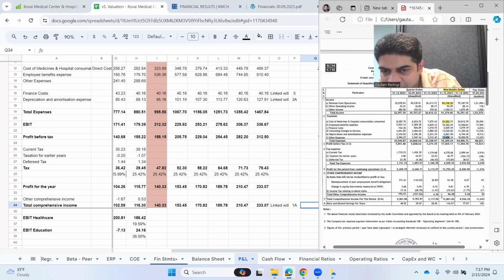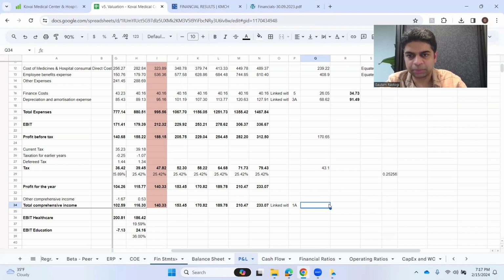Profit after tax is 128.01 for 9 months. Let's analyze it. So it's 170 if we analyze this.